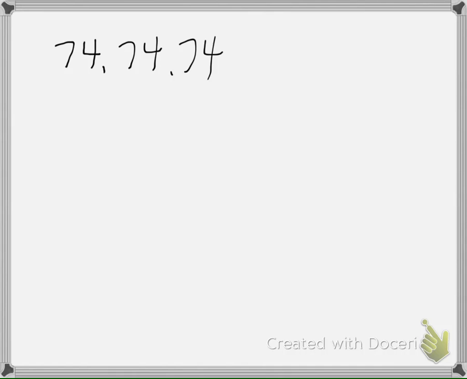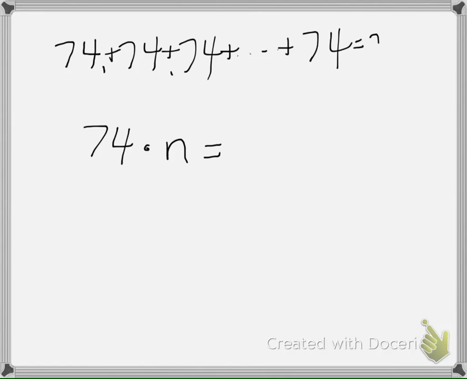So I'd have 74 plus 74 plus 74 plus 74 however many times, right? Which is 74 times however many temperatures there were in the set. And we know that the sum, in other words, if I add them all up, should equal 2,516.